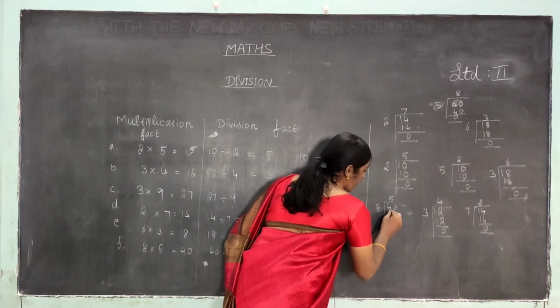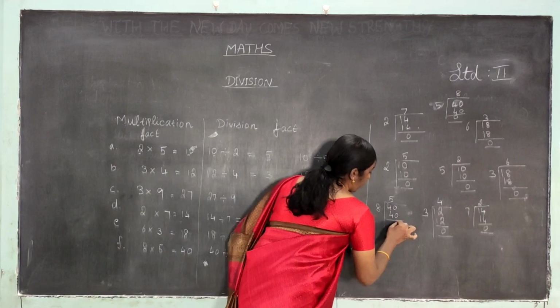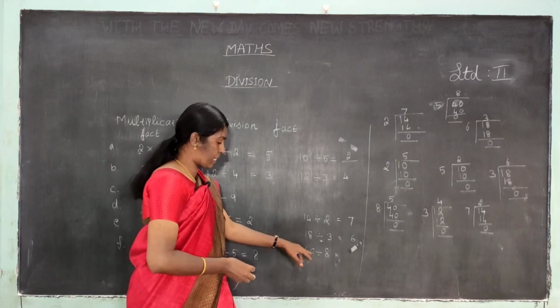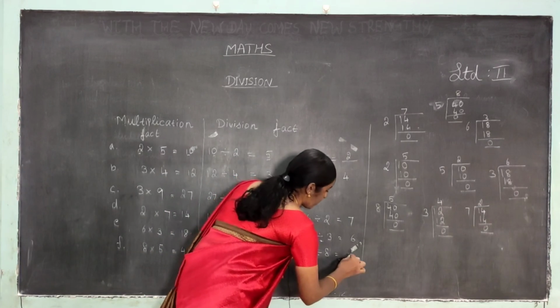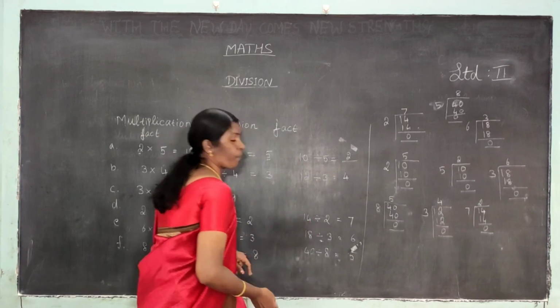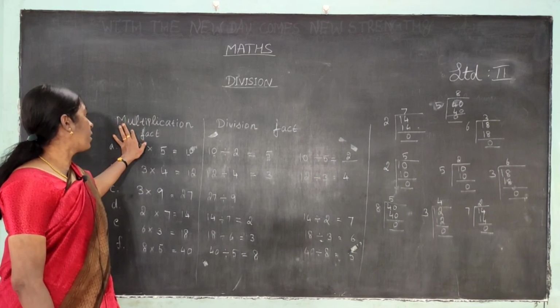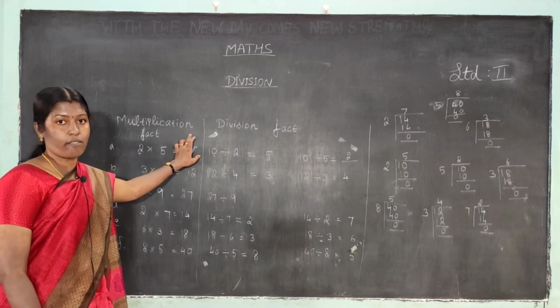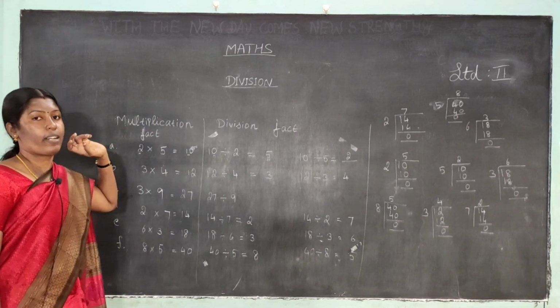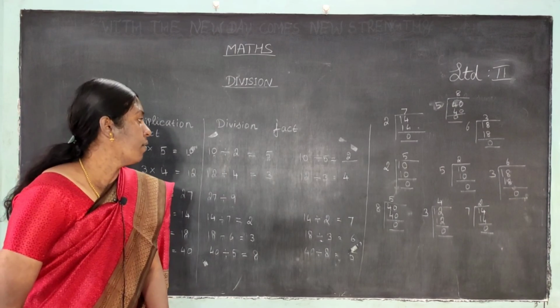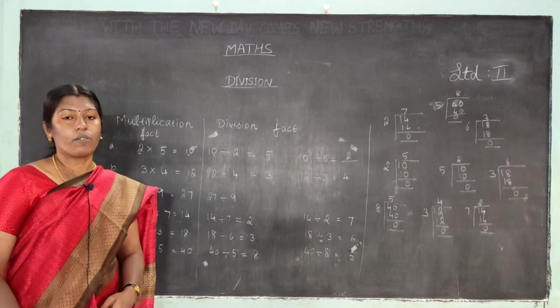Write the quotient as 5, here 40 and remainder 0. When 40 is divided by 8, what is the answer? 5. Okay, do you understand, children? This is the relation between multiplication fact and division fact. Okay, let us do some other sums also. Okay.